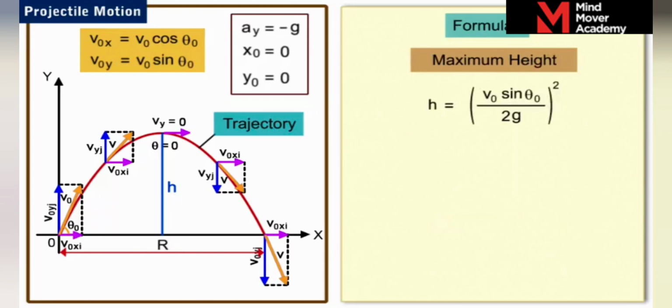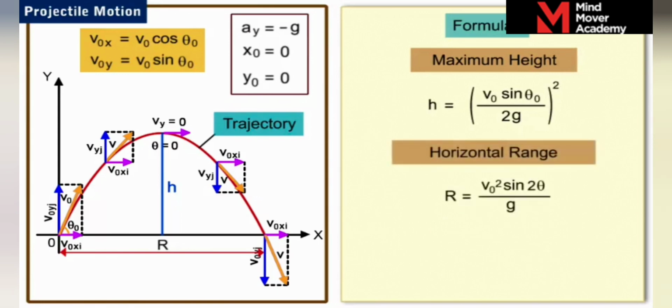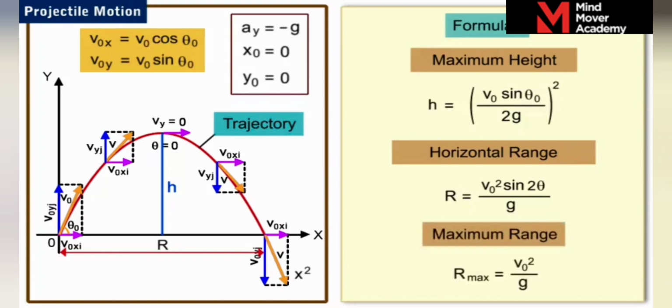Maximum height attained by the projectile h is equal to (v0 sin θ0) square divided by 2g. Horizontal range of the projectile R is equal to v0 square into sin 2θ divided by g. The maximum range of the projectile R max is equal to v0 square by g.